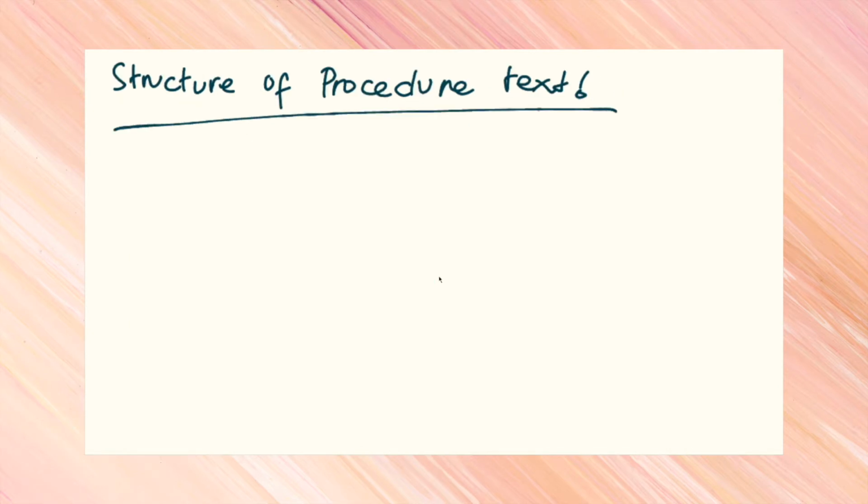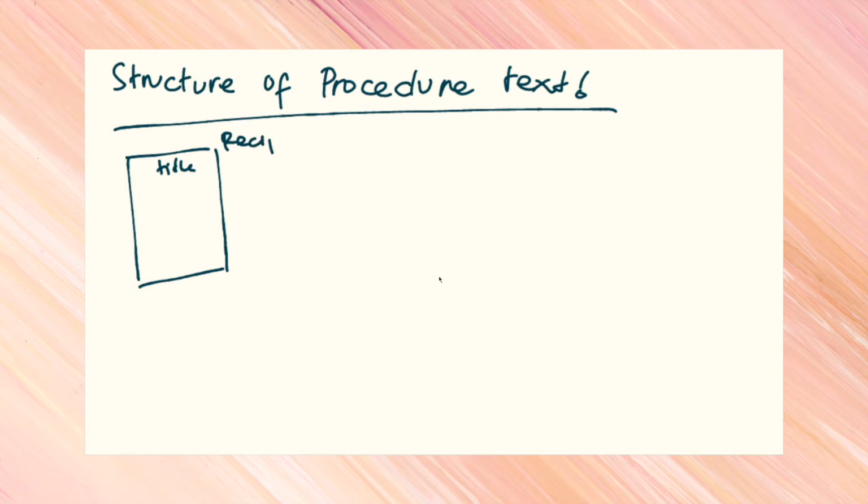Structure of procedure text. So, as we all know, for example, in a recipe, there will always be a title. Let's say this is a recipe. There's a title, there are the ingredients, there are the utensils, and then steps. Then what is the structure of procedure text?